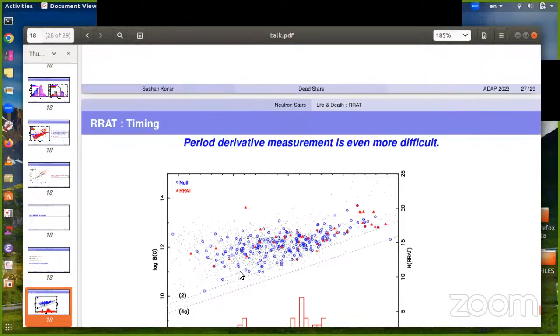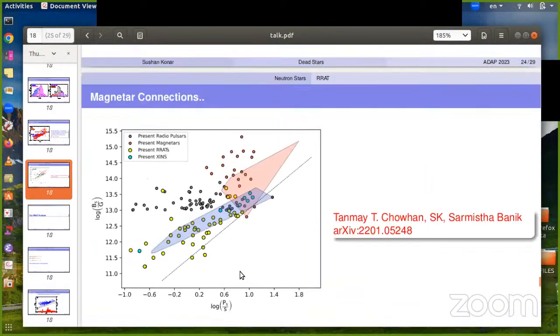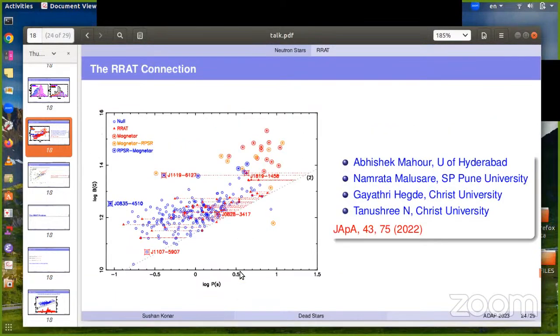Let's go back to that picture. These are the magnetars, with very large magnetic field. But I would say that definition is not really correct, because we do have radio pulsars, some of which also have very strong magnetic field.